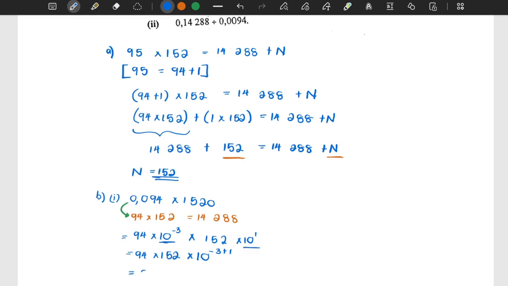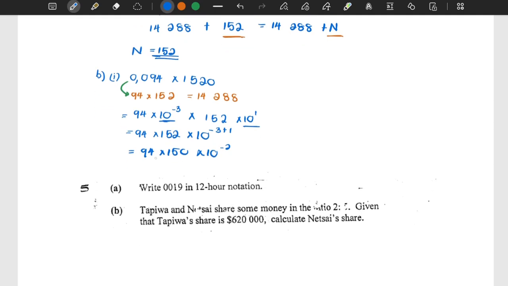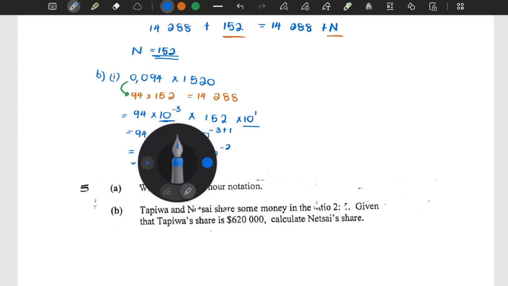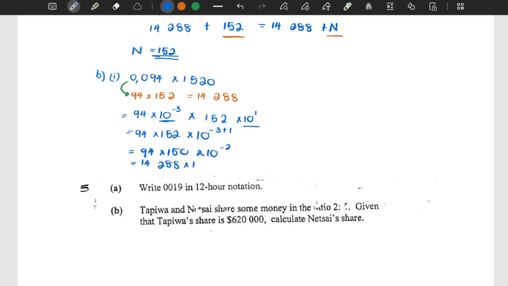So it's going to be 94 times 152 times 10 to the power minus 2. But this we already know, it's 14,288 times 10 to the power minus 2. Expanding this to original format, that's going to be 142.88 in ordinary form.